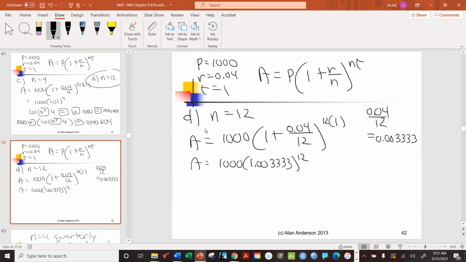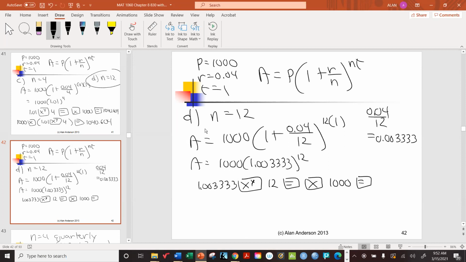So depending on what you want to do here, you could put 1.003333 raised to the 12th, equals, and then times 1,000 equals. That should take care of it.